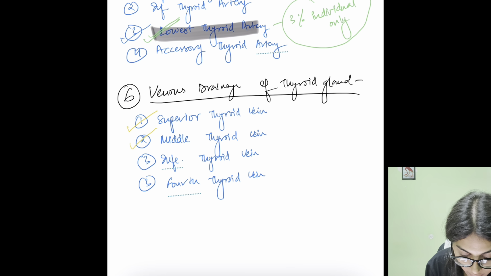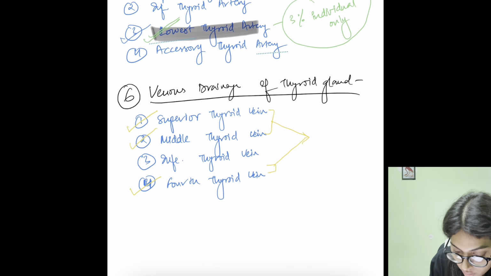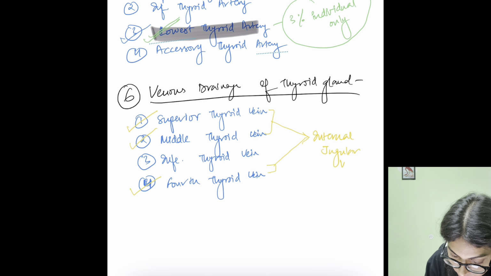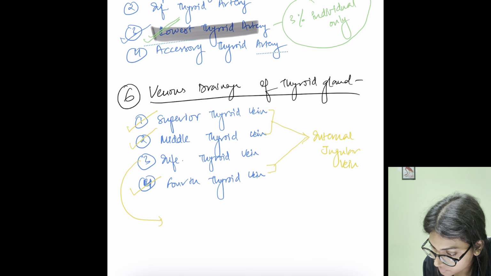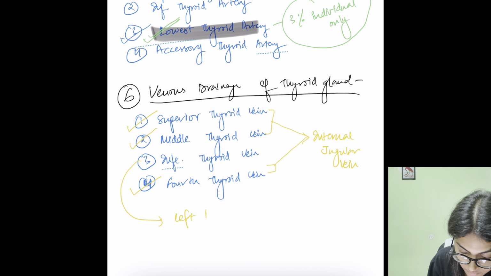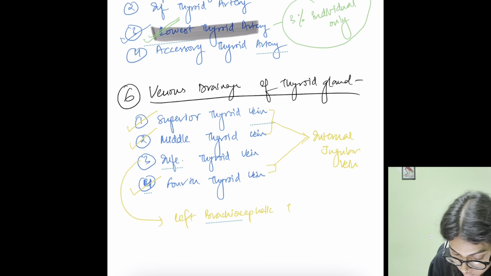The first, second, and the fourth one drain to internal jugular vein, and the third drains into left brachiocephalic trunk.